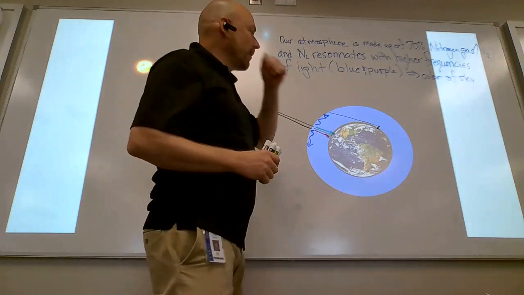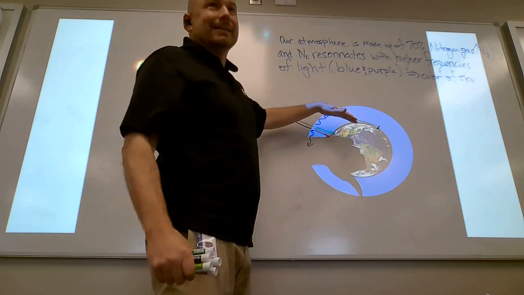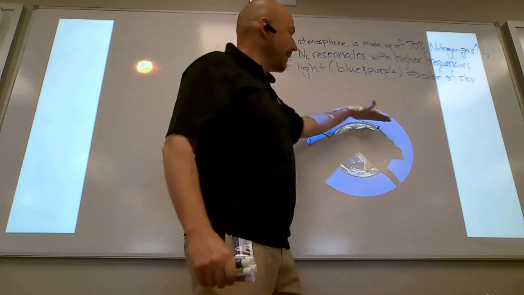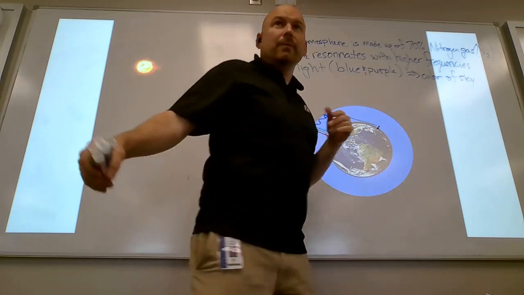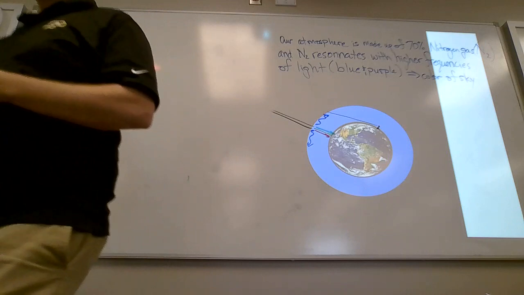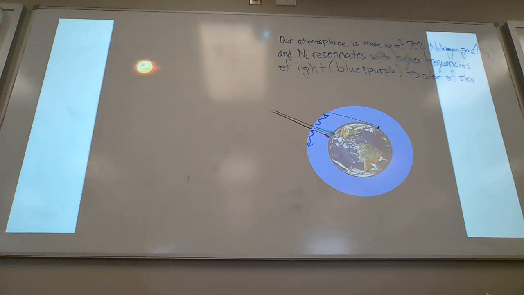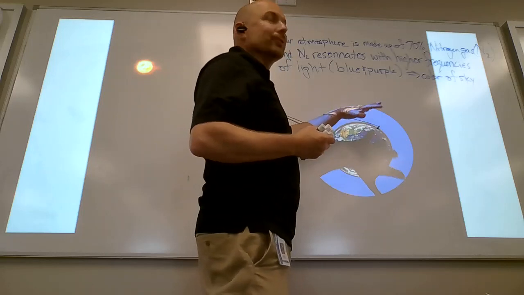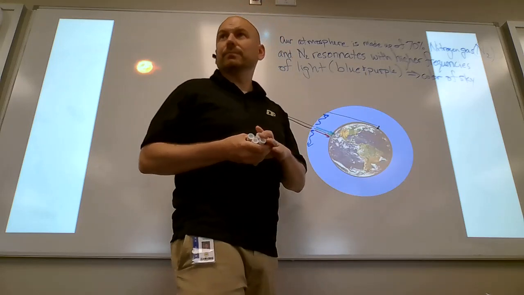The chances of sunlight being hit and scattered by these bigger molecules increases as the path gets longer. Does that make sense? And so there are more different frequencies scattered because the chances of hitting bigger particles occurs.